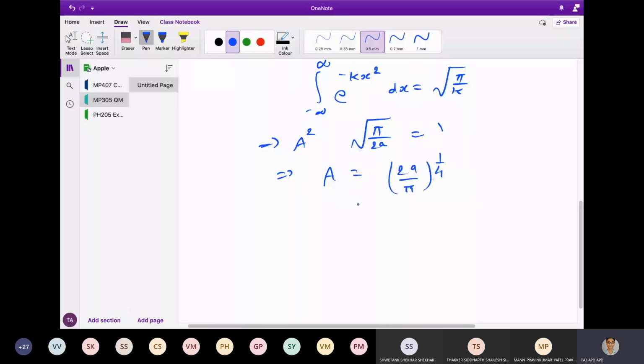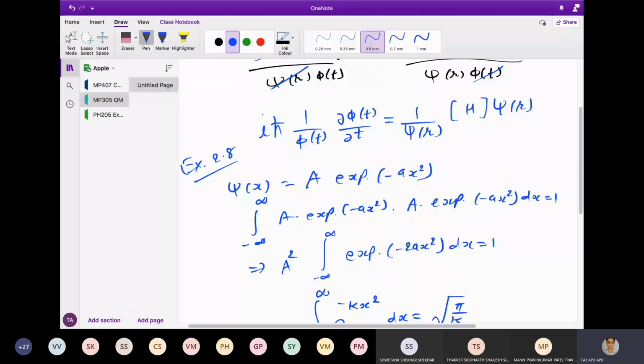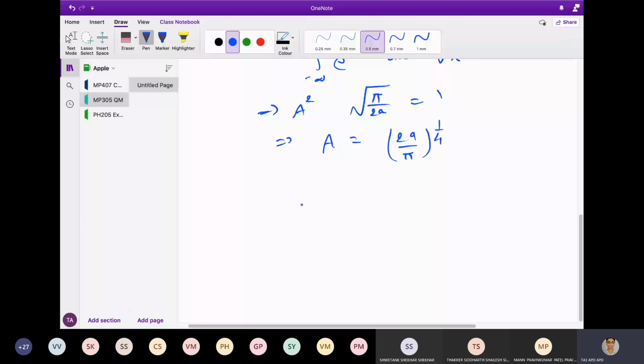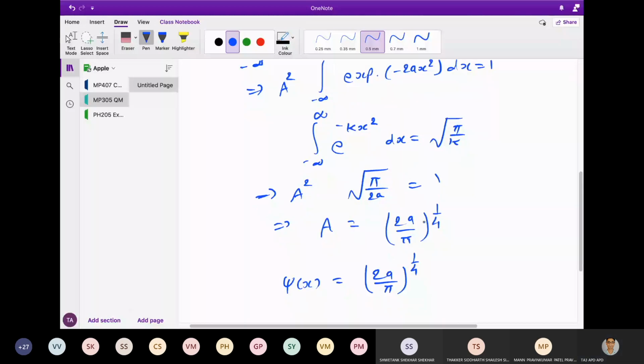All right. So normalization, which means what? We want to find out this constant. And because it is said this one is constant, its value we will just plug in over here. So that is rewriting the wave function psi(x), which is (2a by pi) to the 1 by 4 into exponential of minus a x square.